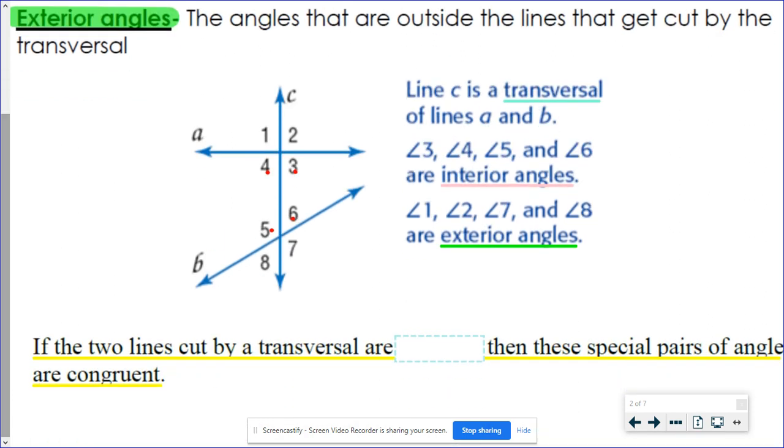So if the two lines that are getting cut by the transversal, if those two lines are parallel, remember we have a symbol for that, then we get special pairs of angles with those interior angles and exterior angles.